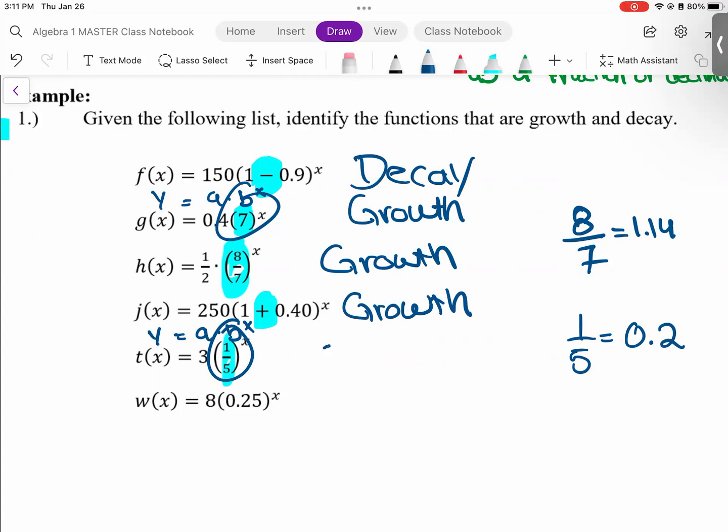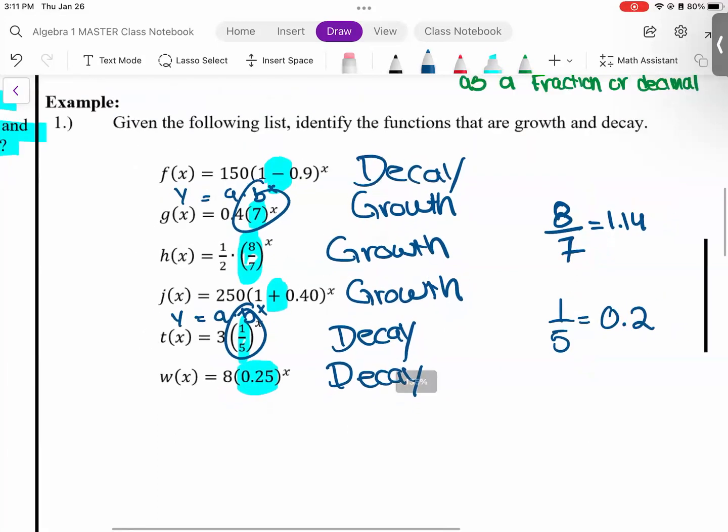So this is exponential decay. 1/5 equivale a 0.2, que es menor que 1. Entonces tenemos una función que baja. And finally, the last one, we have 0.25. So we can clearly see 0.25 is less than 1, which means that this is also a decay function.